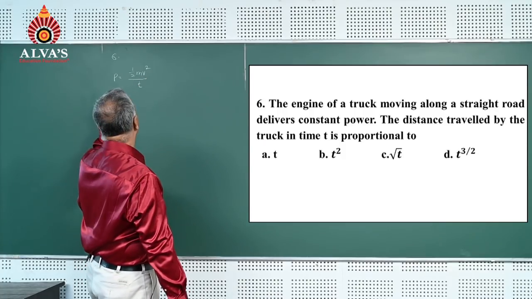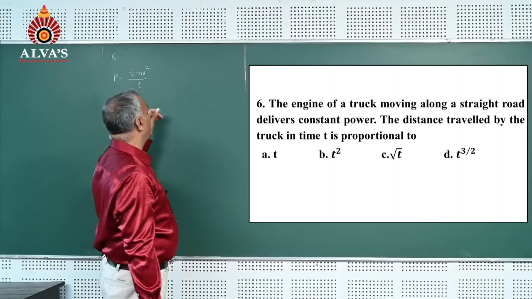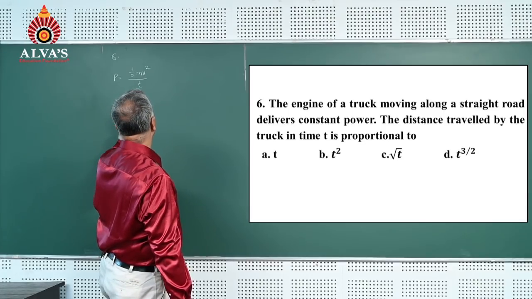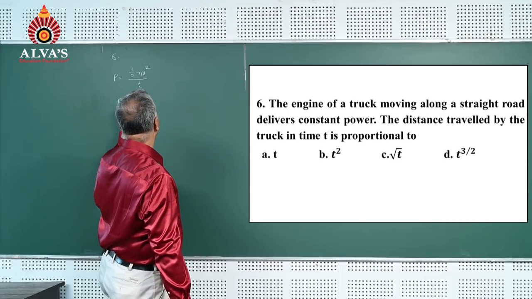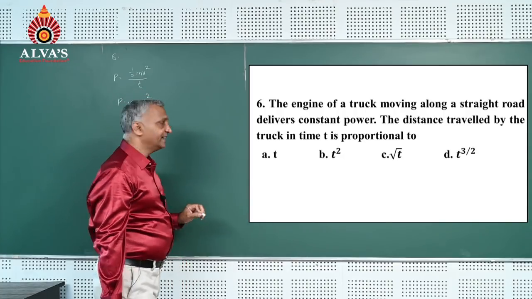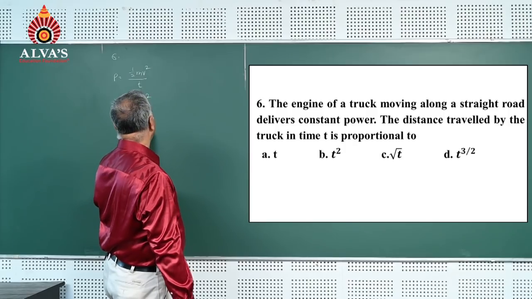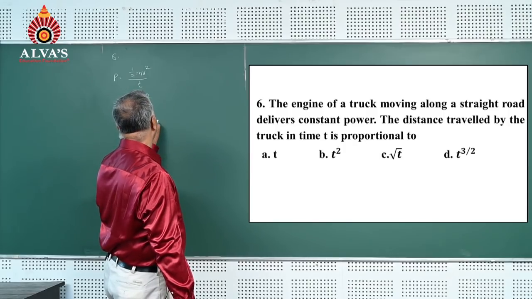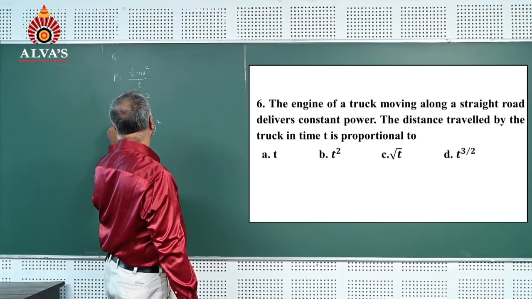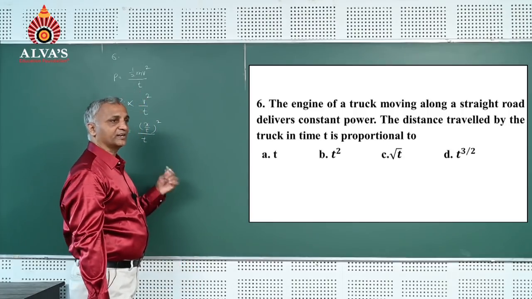And so it is given, power is constant. So P is equal to half mv squared divided by t, so it is proportional to v square divided by t. And so v is nothing but x divided by t, whole square, divided by t is equal to power, it is a constant.